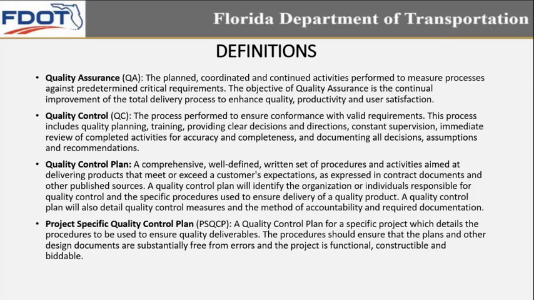Okay, and a couple definitions I wanted to go over with you before we go too far. These are just a couple of the terms we'll be talking about today as they are in this presentation. One is quality assurance.